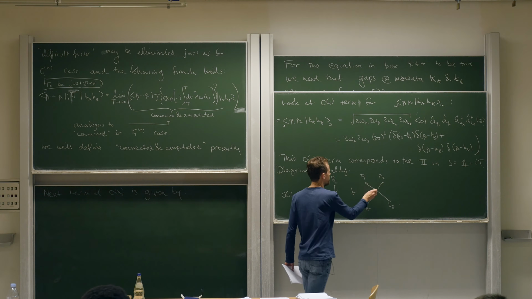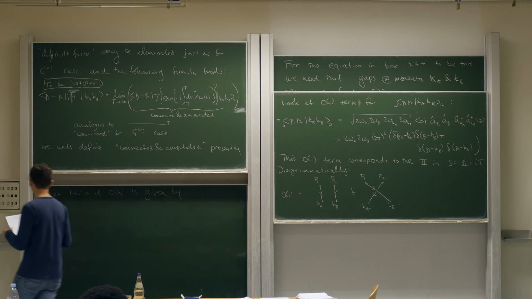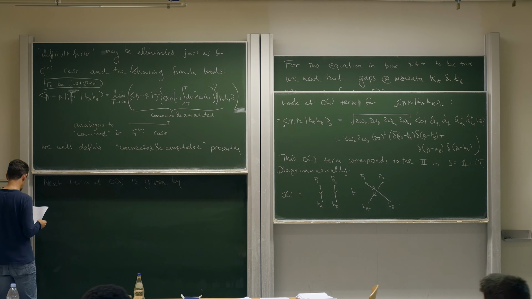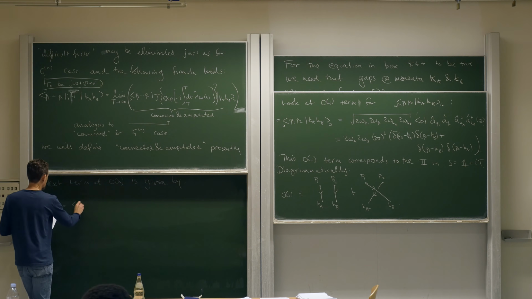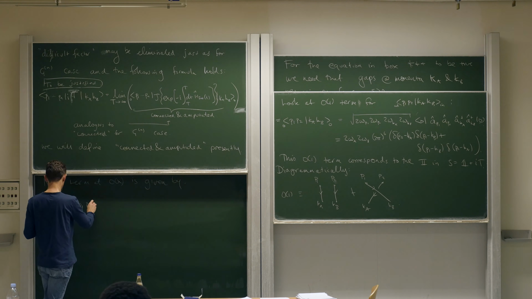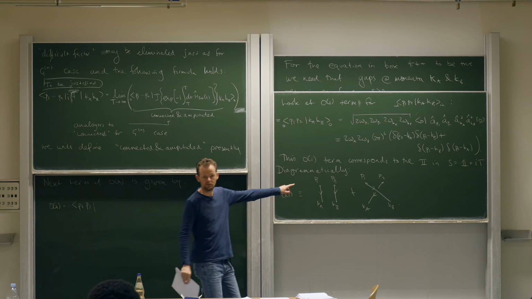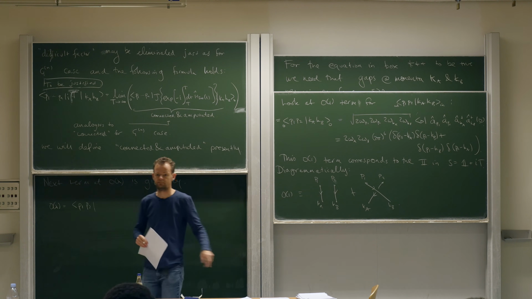You're absolutely right. And the Feynman rule of imposing momentum conservation gives us this delta function between P1 and Ka.